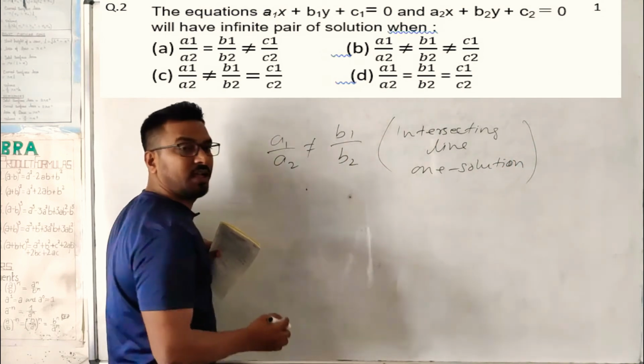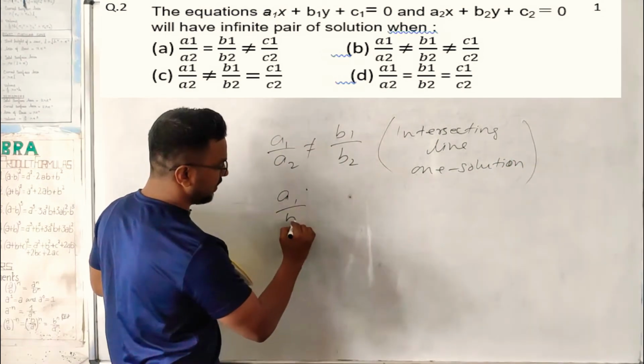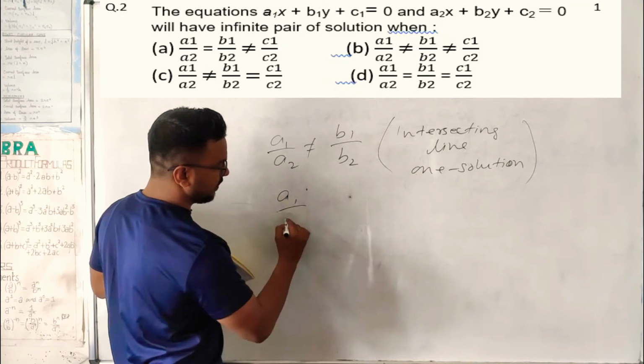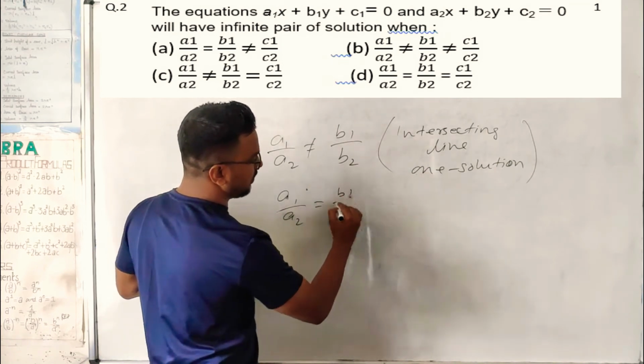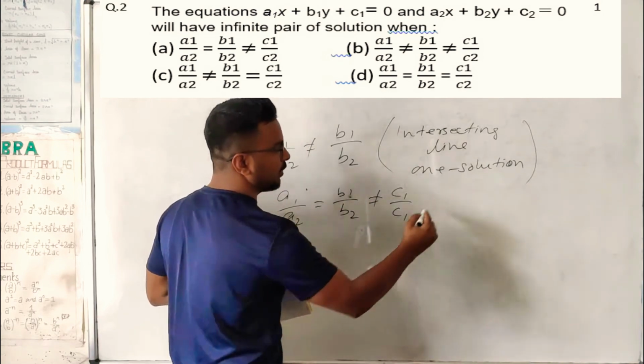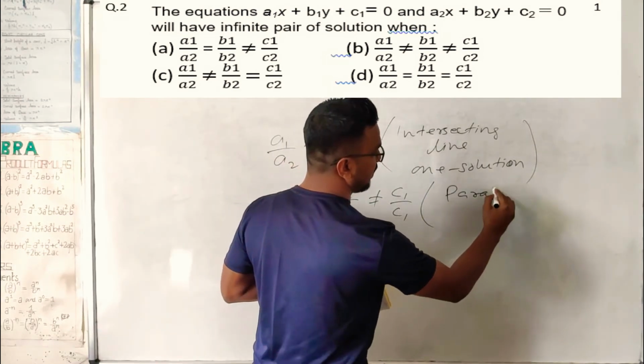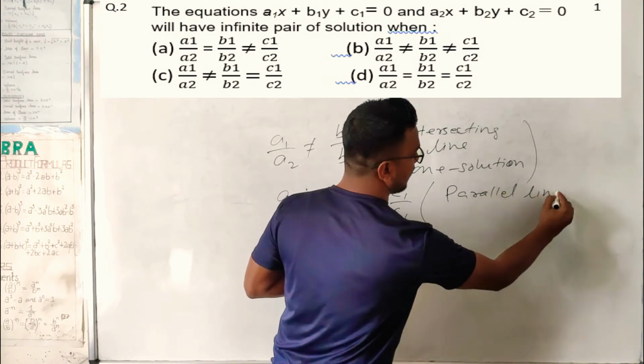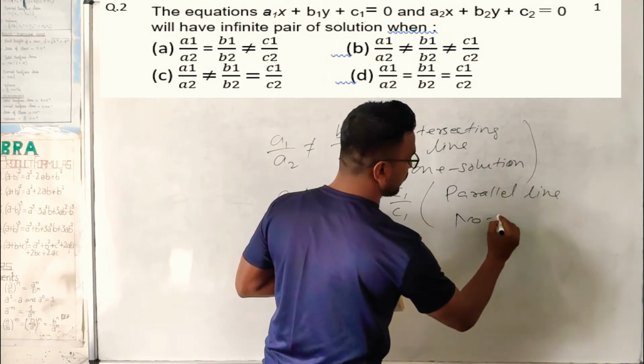Next, A1 by A2 is equal to B1 by B2 not equal to C1 by C2. In that case, it will be parallel lines, and there will be no solution.